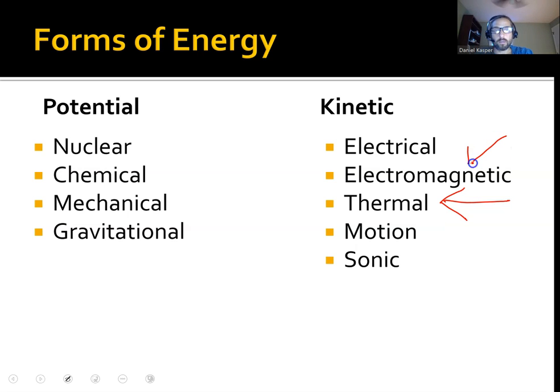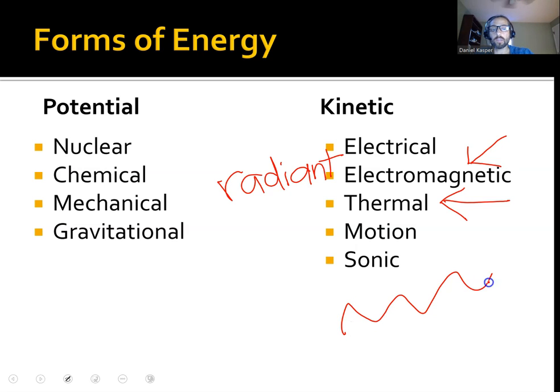Electromagnetic, also known as radiant energy. Radiant energy is the same as electromagnetic. Everything that has any temperature at all radiates energy in all directions, and that travels in transverse waves.